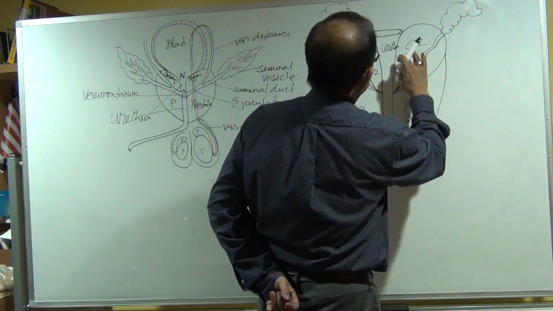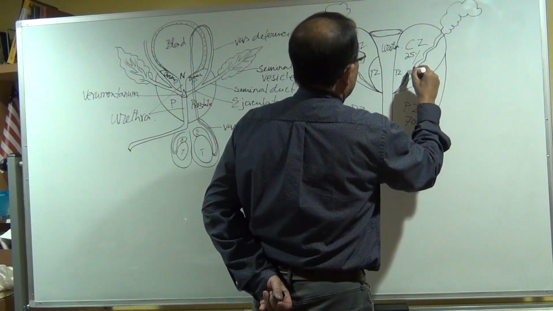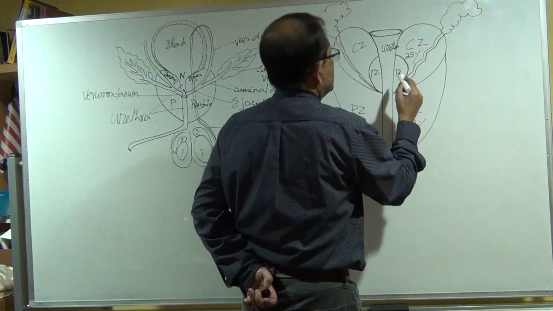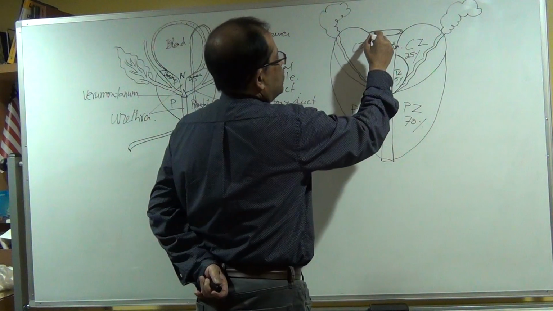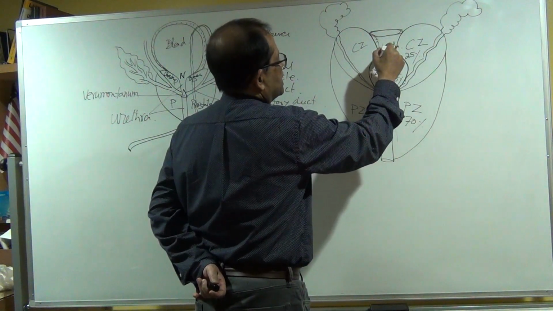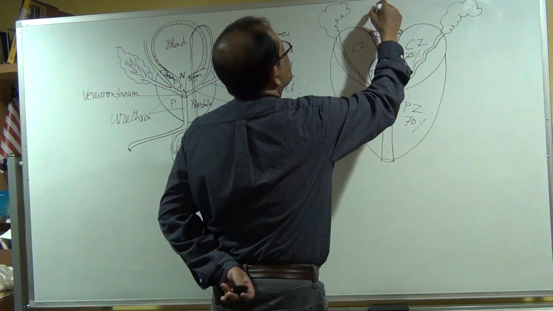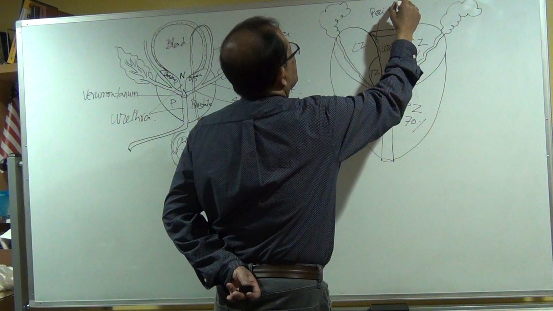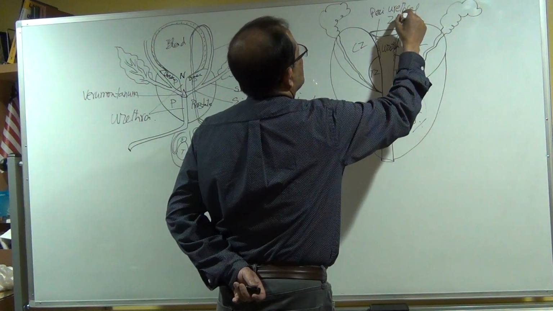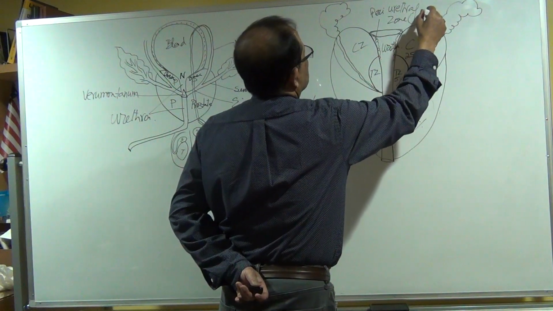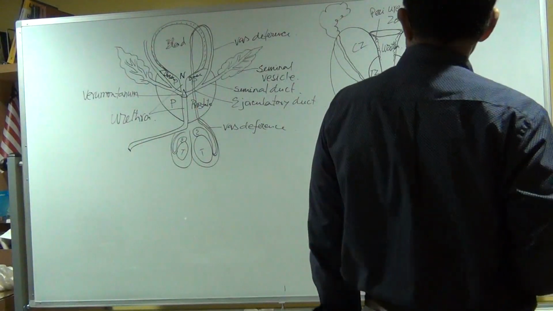And transitional zone, TZ. Transitional zone is 5%. And there is 1%, this is the periurethral zone, maybe 1%. So total is 100%.